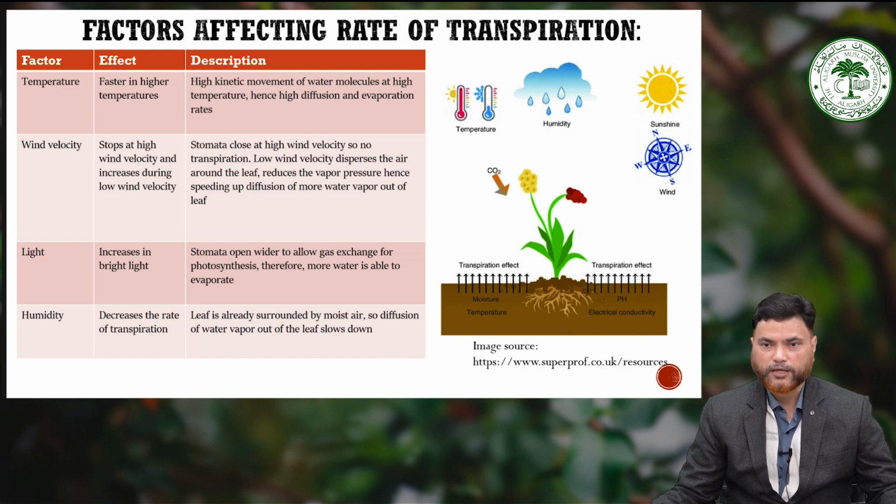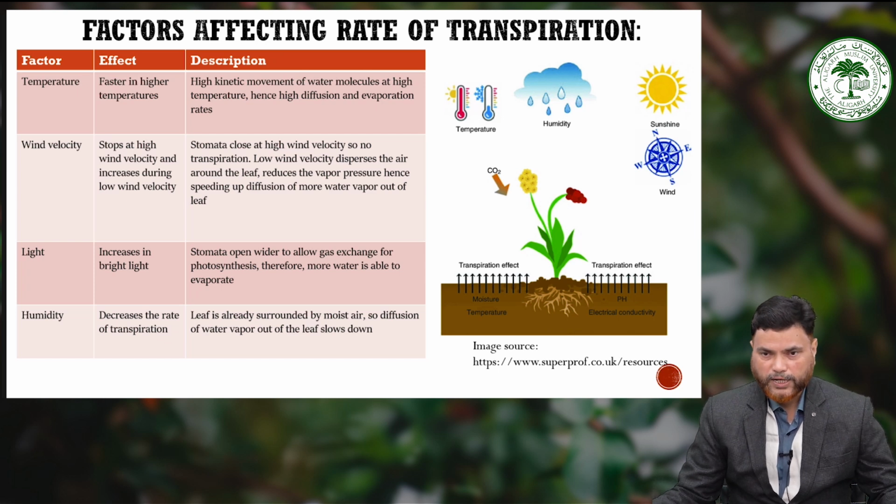Now, what is the effect of wind velocity on the rate of transpiration? Generally, during high wind velocity, stomata tend to close as a protective mechanism to avoid desiccation and water loss. So this reduces the transpiration rate.